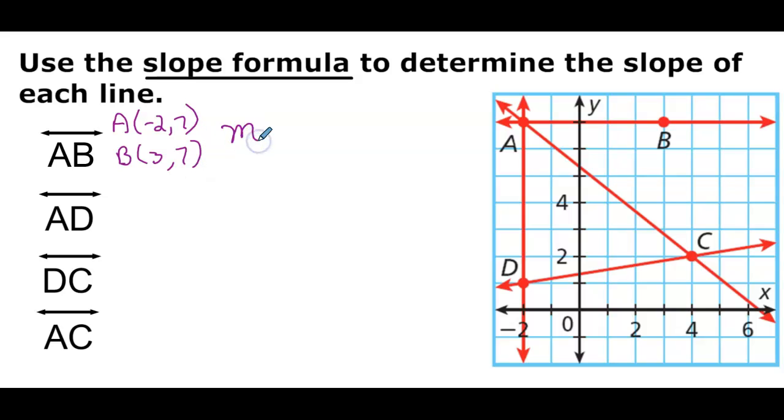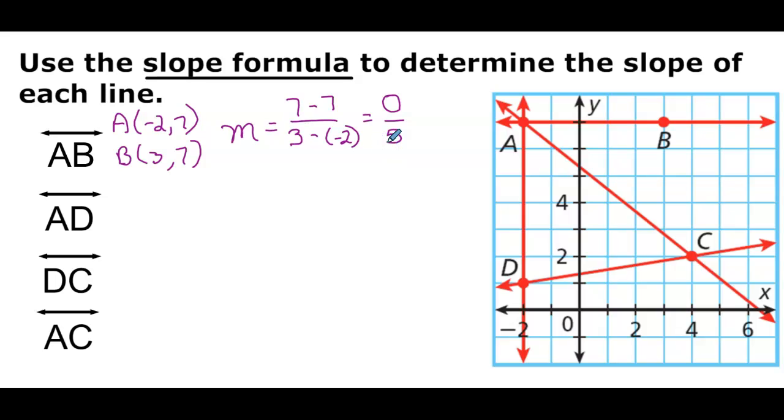Remember that slope equals y2 minus y1, so we're going to take 7 minus 7 over x2 minus x1, 3 minus -2. When I do that, 7 minus 7 is 0, 3 minus -2 is 5.